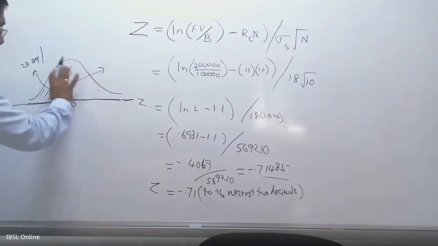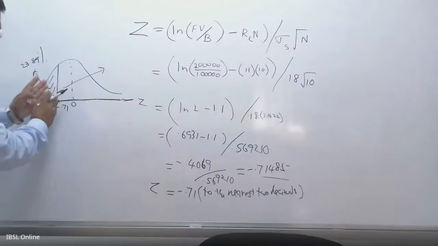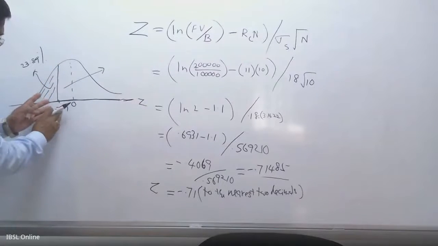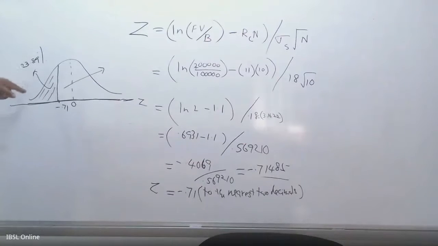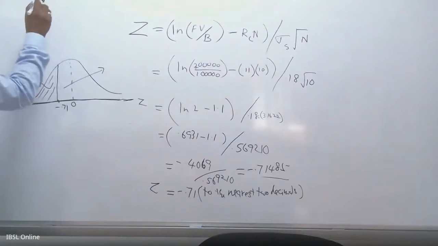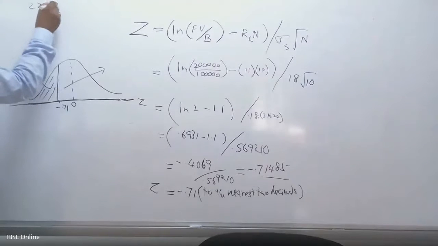What is the portion of area to the right of the minus 0.71 line? That can be taken by deducting 23.89 from 100.